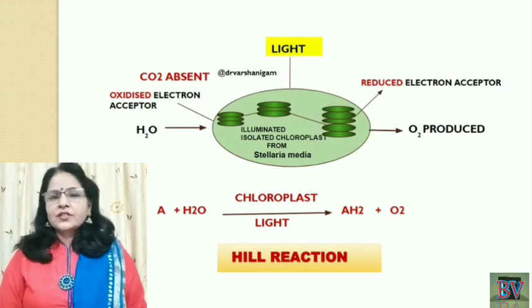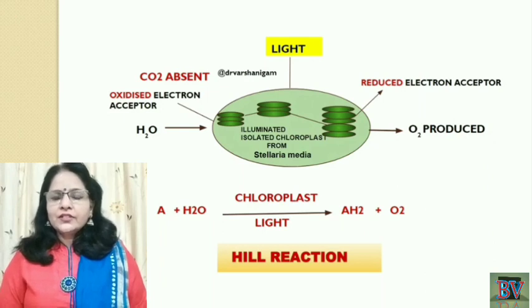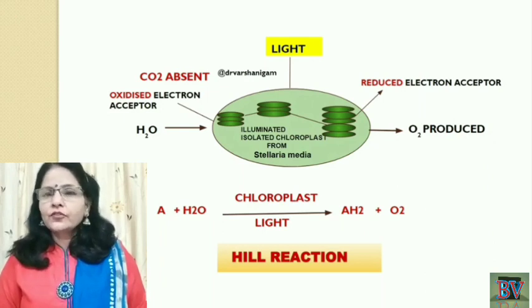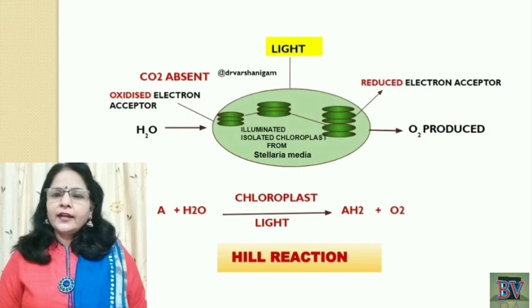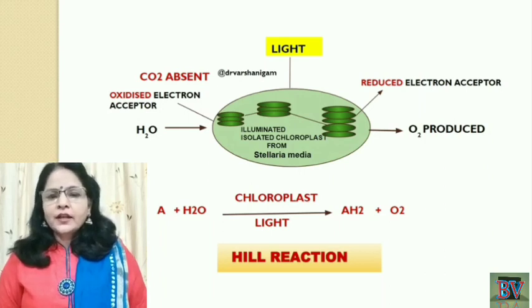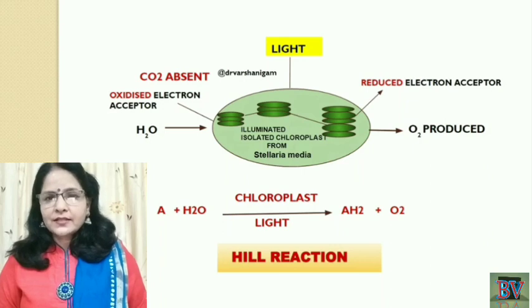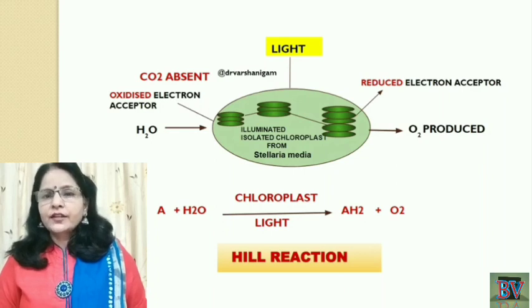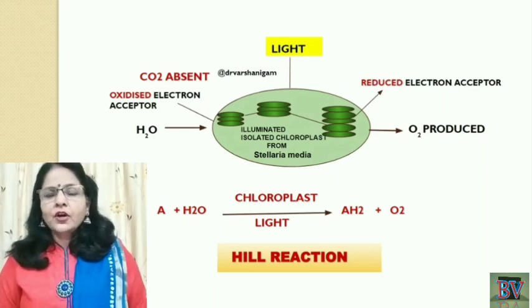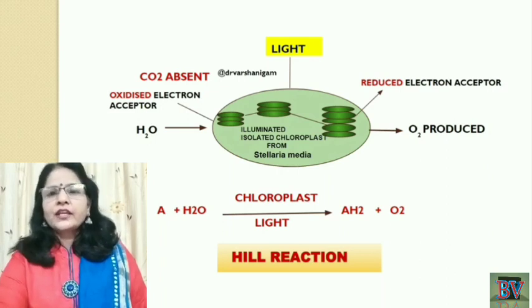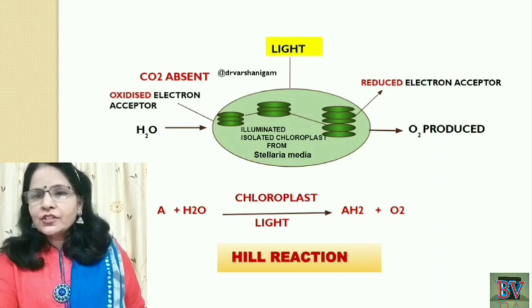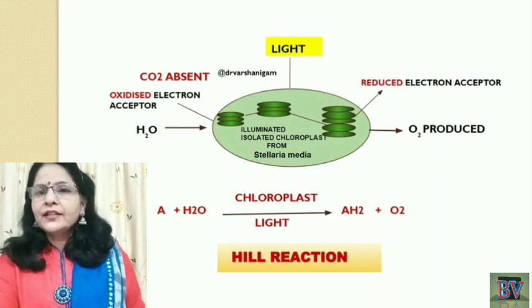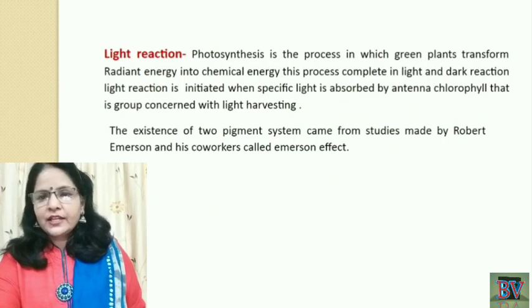After the Hill reaction, it is concluded that oxygen is released from water, not from the sun, and not from carbon dioxide, because carbon dioxide is absent here. The second conclusion was that in this reaction light is necessary for the production of oxygen, so it is also called the light dependent reaction. And this is a redox reaction; oxidation reduction reactions are found here. So these two experiments prove that the photosynthesis process is completed in two steps: light reaction and dark reaction.